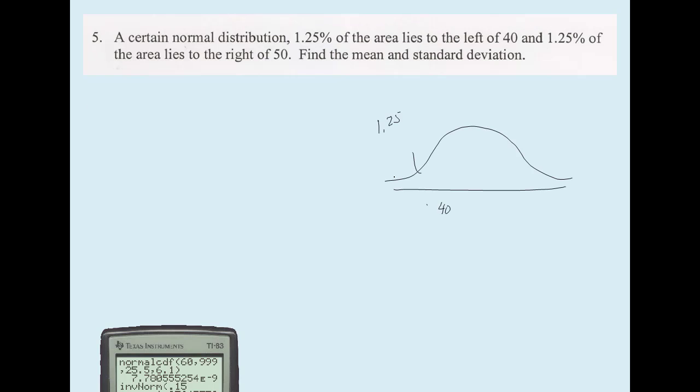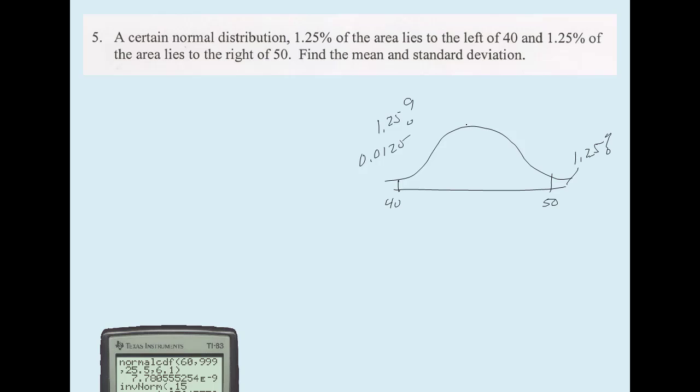Let me redo that picture. So 1.25%, it would be way down here. So my 40 is going to be way over here, and this guy over here is 50, and this is also 1.25%. So that's equal to 0.0125, which is really small.